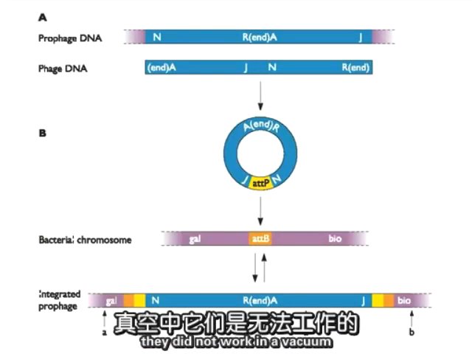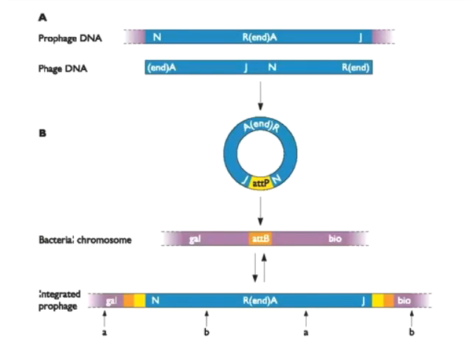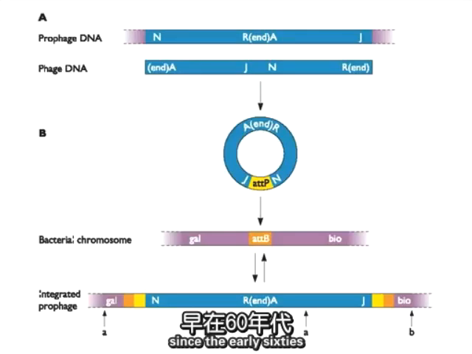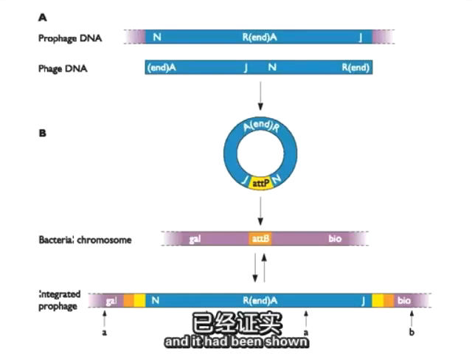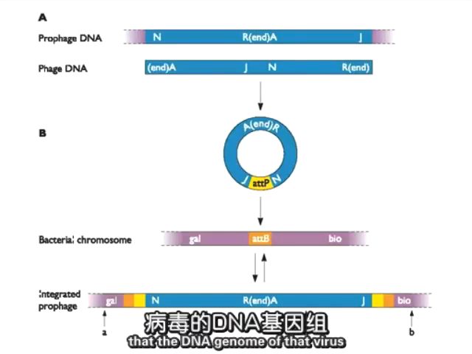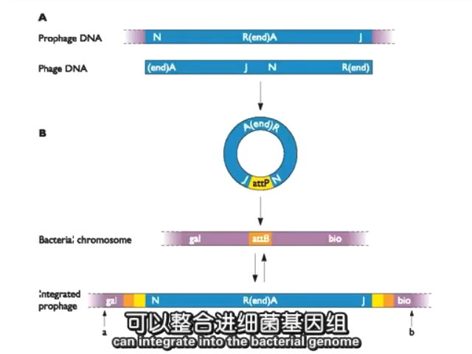They did not work in a vacuum. Since the early 60s, many labs have been studying bacteriophage lambda, and it had been shown purely by genetics that the DNA genome of that virus can integrate into the bacterial genome.